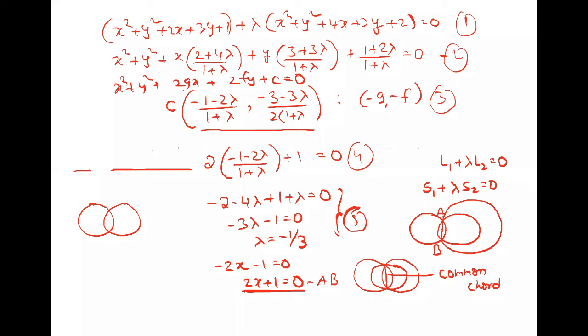What is g? (1 plus 2 lambda) by (1 plus lambda). What is minus g? Minus (1 plus 2 lambda) by (1 plus lambda). Okay, got it? Good.